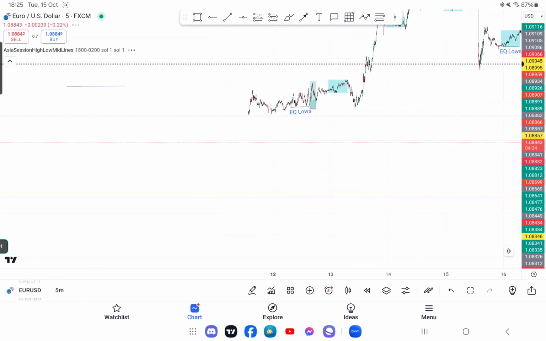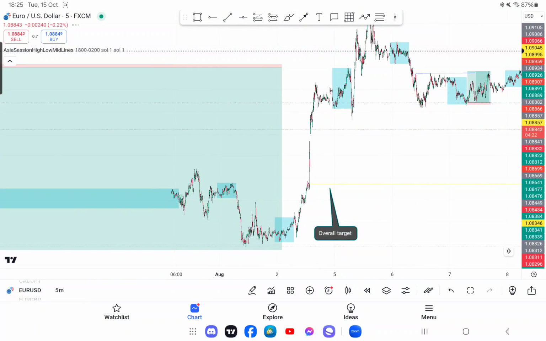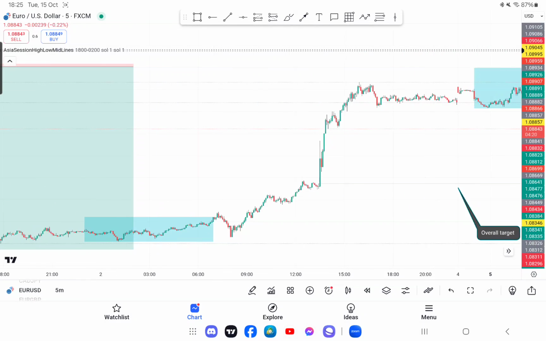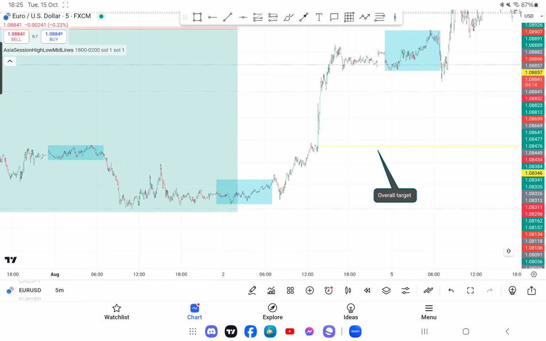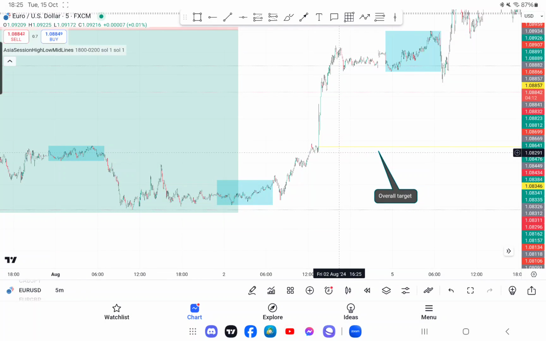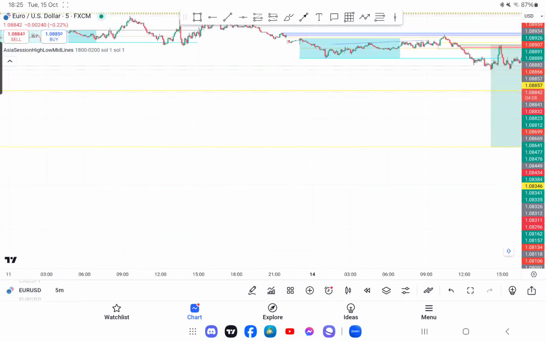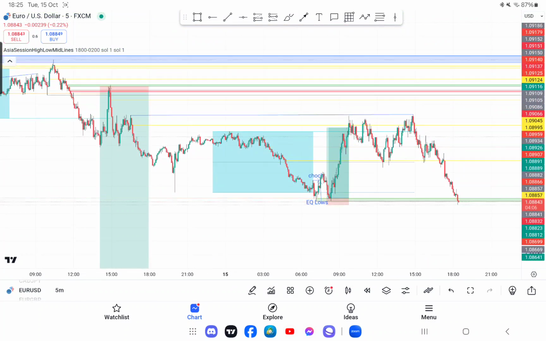But it's not really relevant to today's entry. But as you see, this big huge imbalance down here to be filled. It might even go lower, but that point there would be an overall target. Even marked it for you all the other day. So that's that.